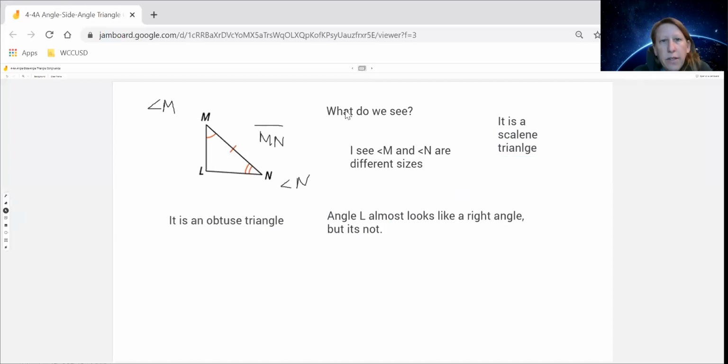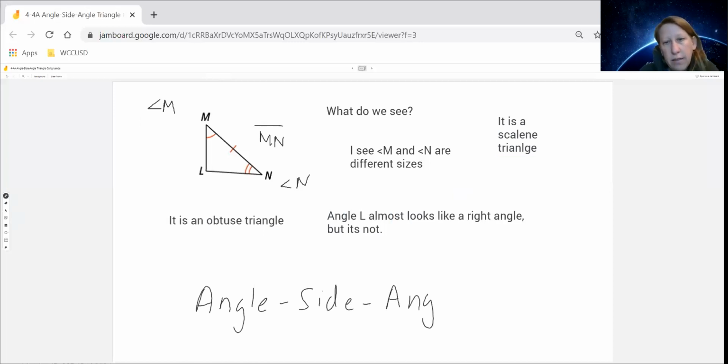So in this figure, if you have a figure marked this way, we call this angle side angle. Because where is the side? The side is included between the two angles. If I'm looking around this triangle, I have a mark here for the angle, I have the side right next to it, and then I have another angle.